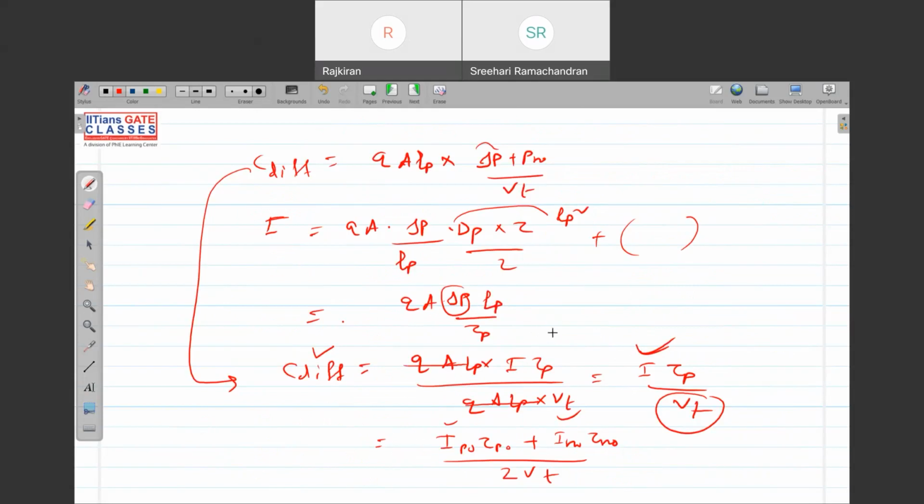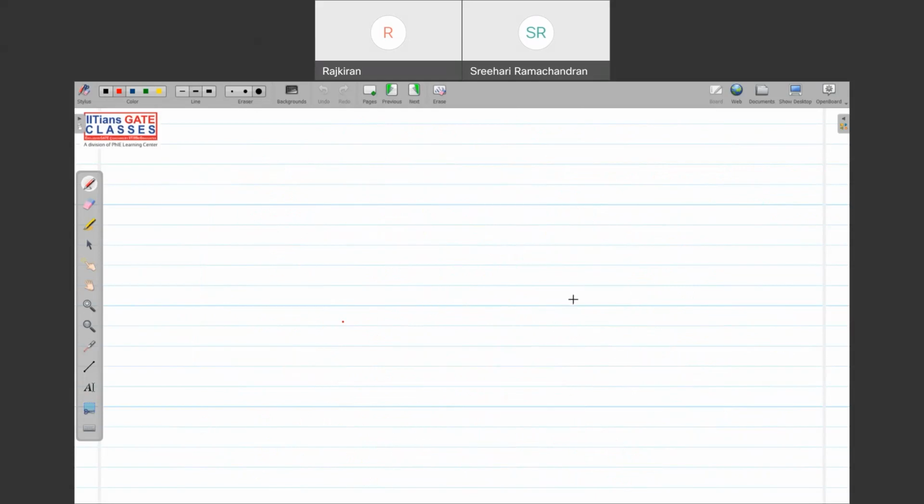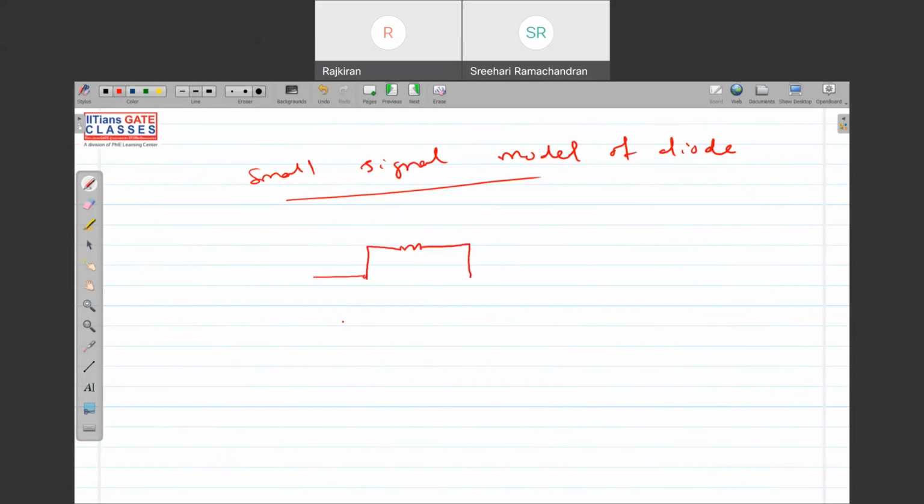Now, if I want to do the small signal representation of the diode, the small signal model of the diode, we know we have a resistance, R equal to Vt by I. Also, we have a capacitance, C diffusion equal to I into tau by Vt.